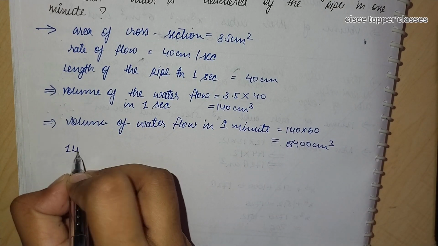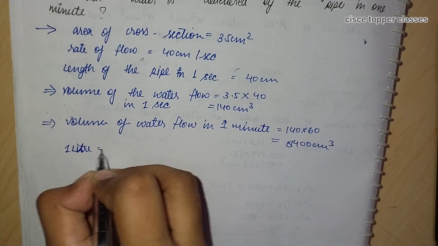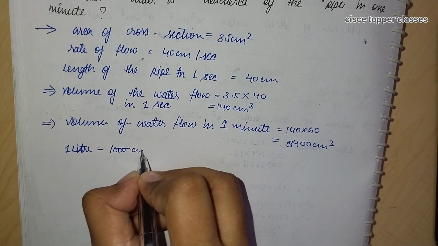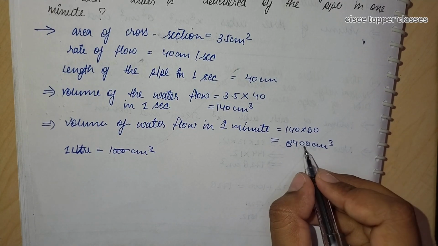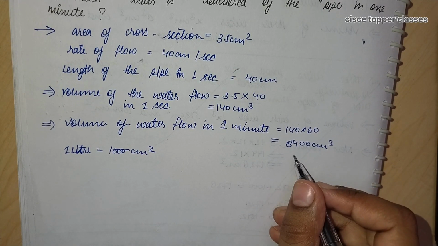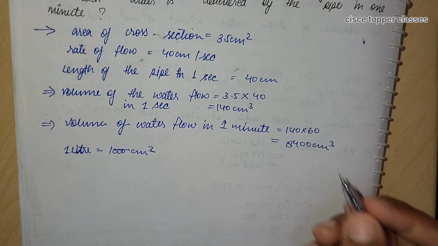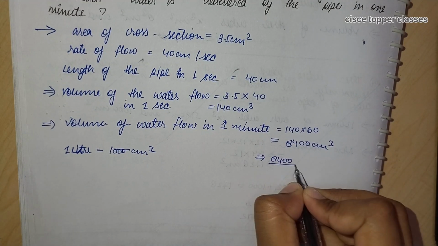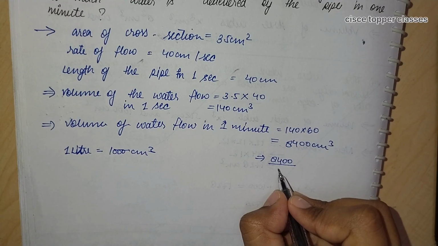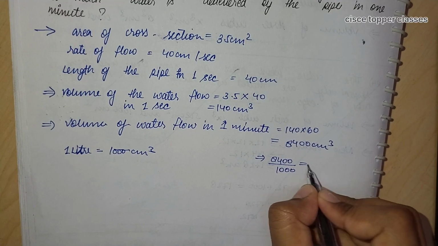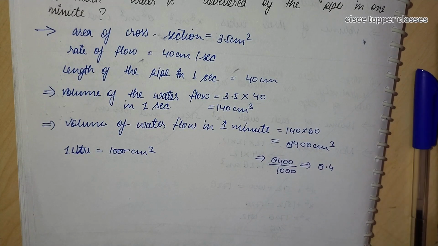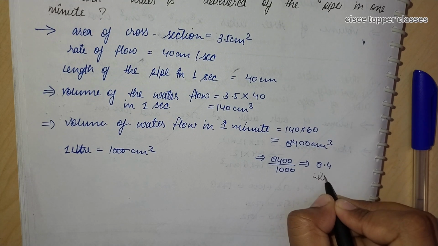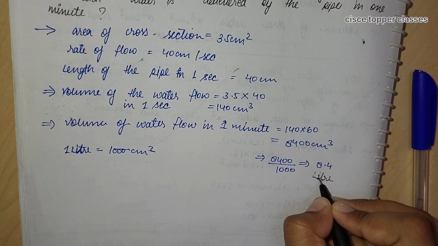And as we know, 1 liter is equal to 1000 centimeter cubic, so we can just convert 8400 centimeter cubic to liter. So this will be 8400 divided by 1000. So here 8.4 liter is the final answer in this question.